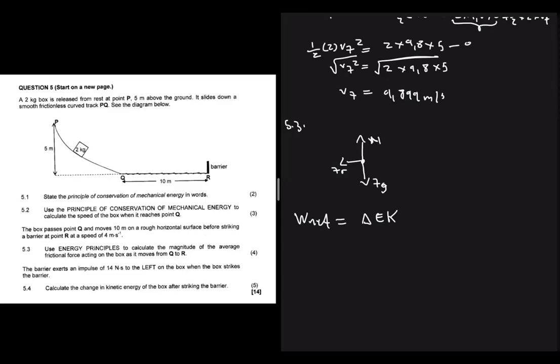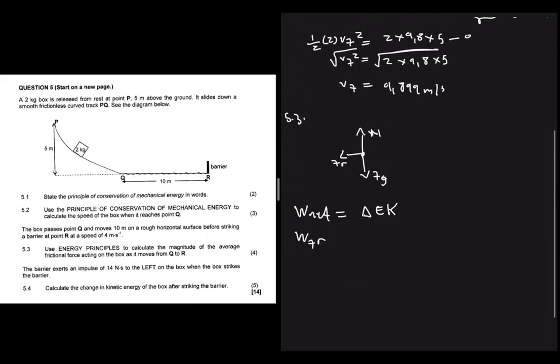So that would give us the work done by friction, because the work done by Fg is 0, and the work done by the normal force is also 0. So we just have the work done by friction. This equals 1 over 2 m Vf squared minus 1 over 2 m Vi squared.